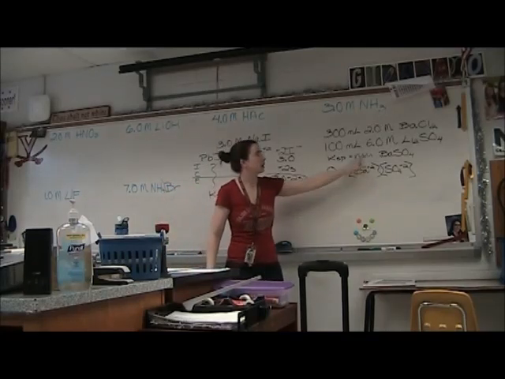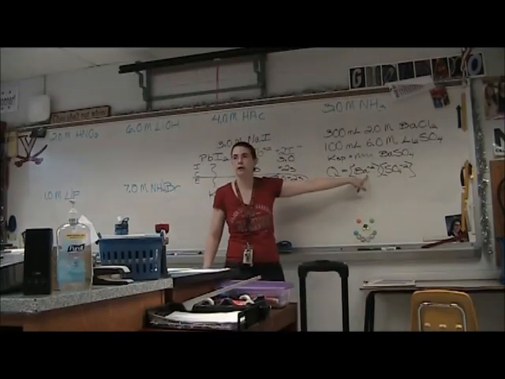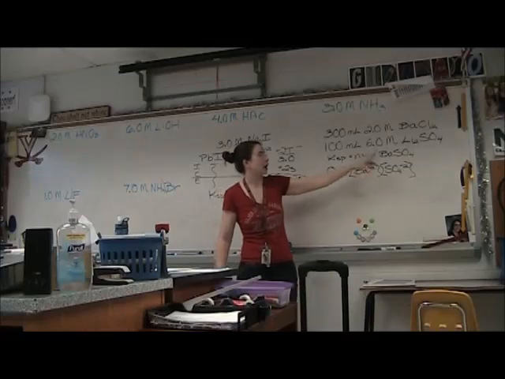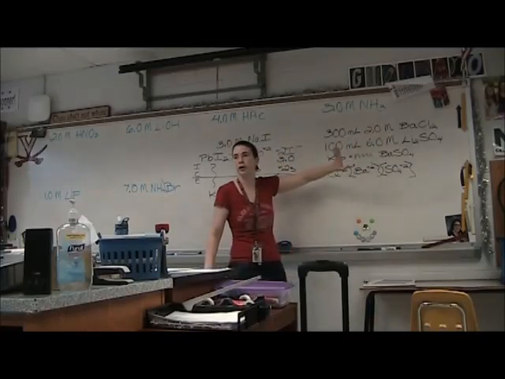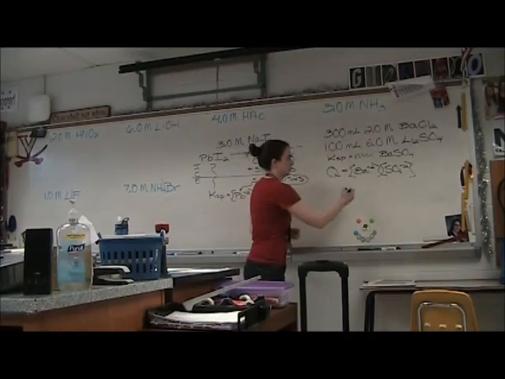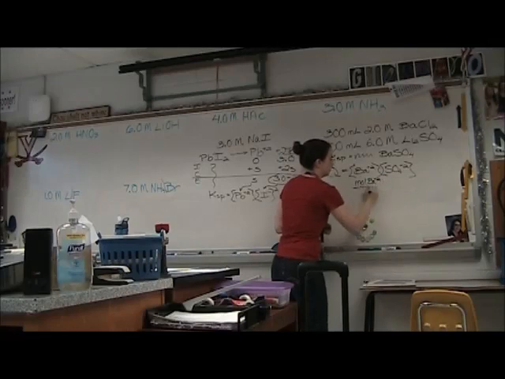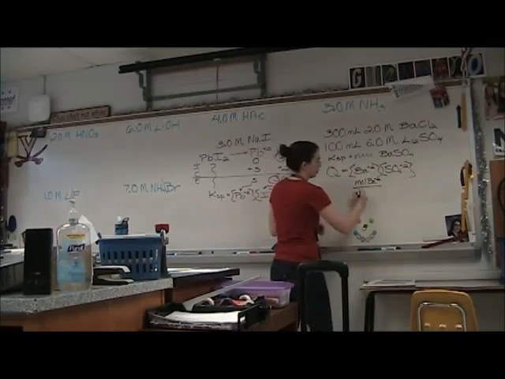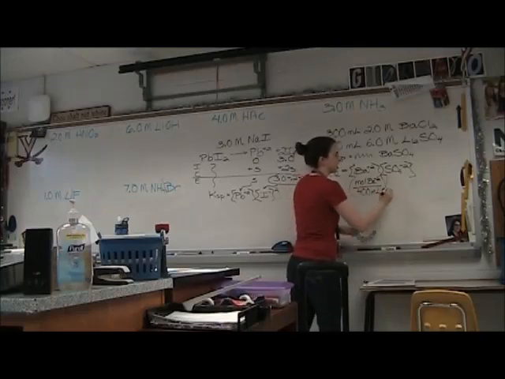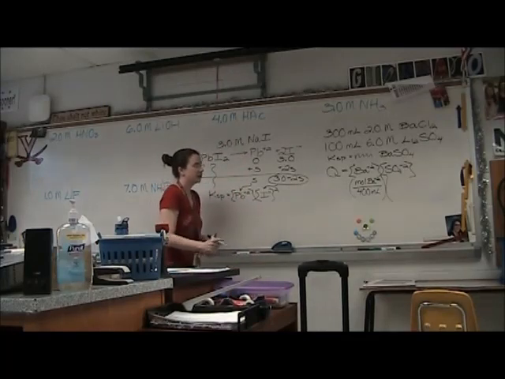I can't just plug in barium 2 molar. You find the moles of barium by multiplying by the 300 milliliters, and then you divide by the total volume. Moles of barium over total volume. Do the same thing for sulfate.